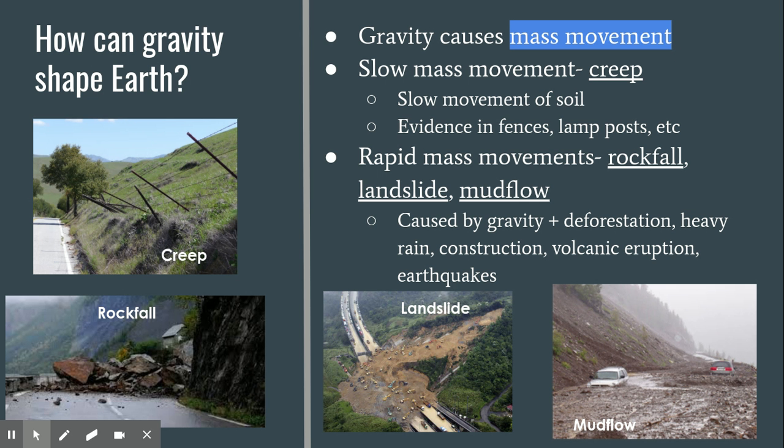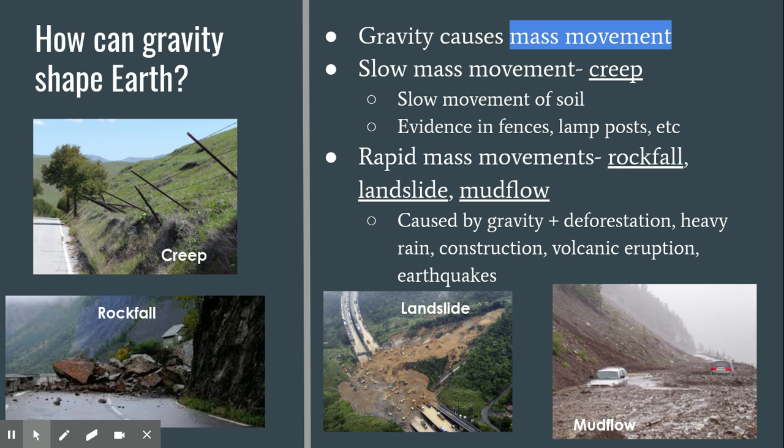So the soil on the surface started to slide downhill a little bit more, knocking the tops of those fence posts over. And so we see evidence of that soil movement in the fact that all of these fence posts are now kind of sideways and crooked. So that's creep. Creep happens very, very slowly. You don't see it happening in front of your eyes.